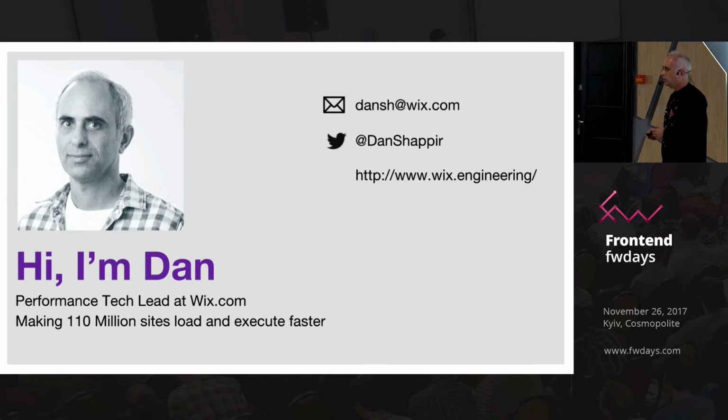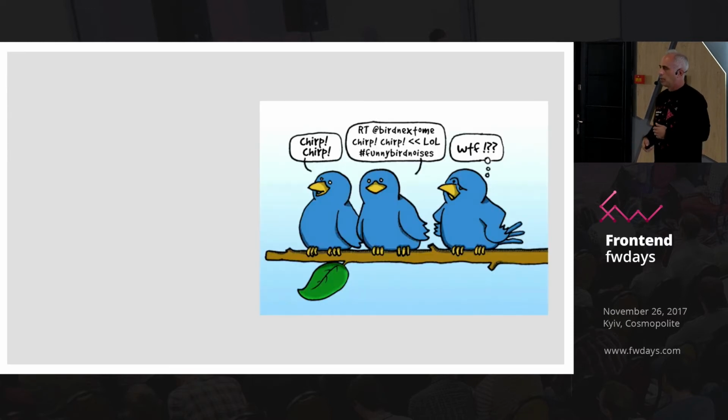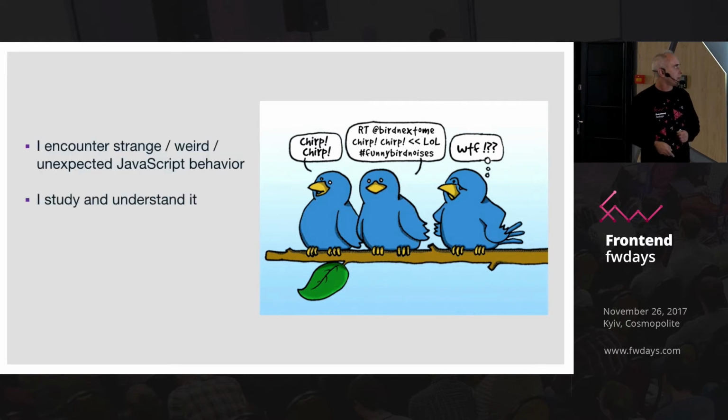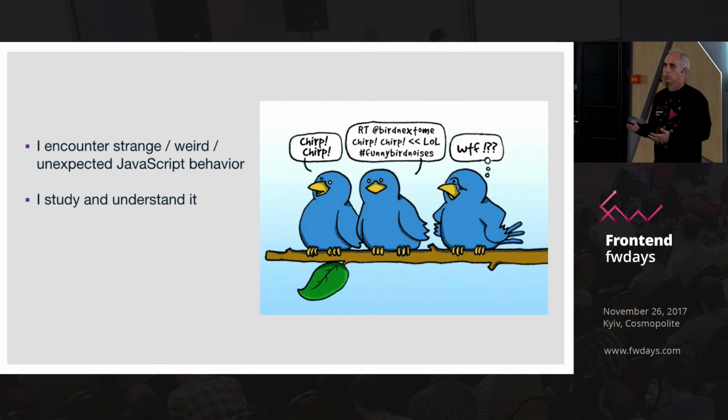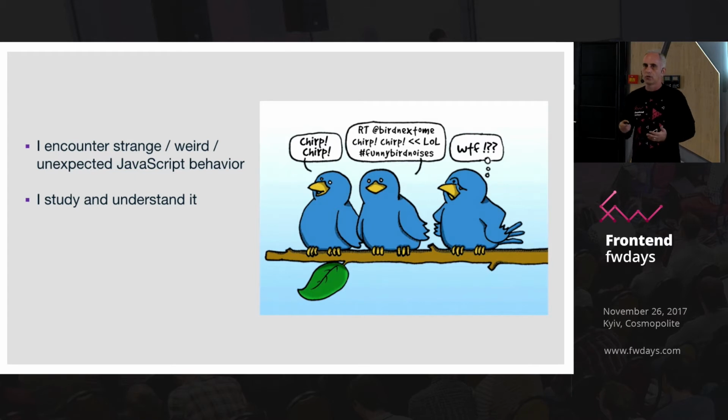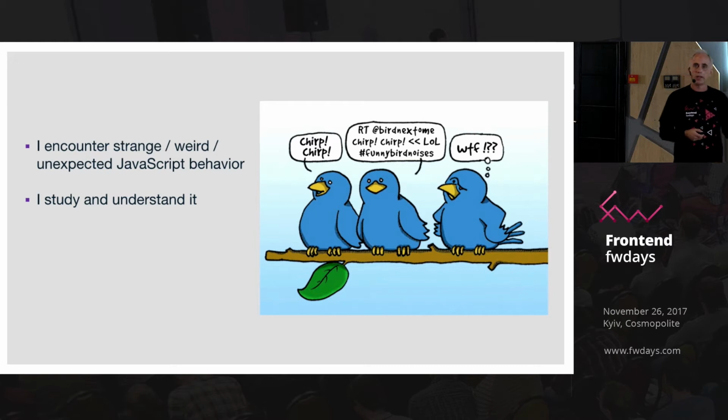So how did this all come about? And why am I showing something about Twitter here? The answer is that when I investigate stuff, when I research and look for different ways to implement various things, and I mostly work in JavaScript, every once in a while I encounter what I consider to be weird or strange or unexpected JavaScript behavior.